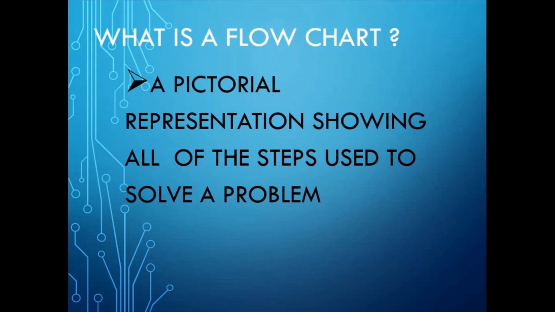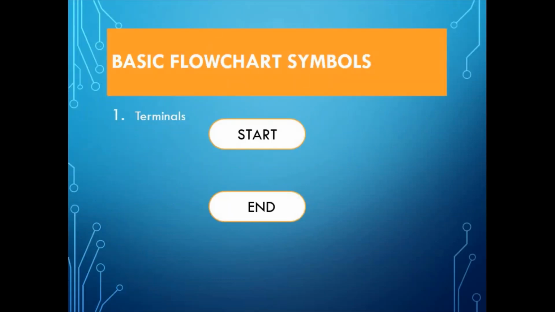Before we look at a problem and its problem solving steps, we want to identify the four main symbols that are used for a flowchart. The first one is referred to as a terminal, and a terminal is normally presented in the form of an oval, and there are two subsets of a terminal.